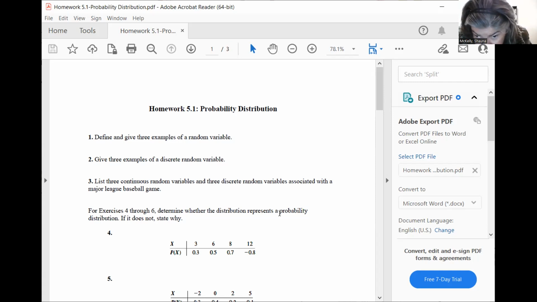I'll show you where it is. And then examples. She wants 3 examples of a discrete random variable. I gave you 3 earlier. And she also wants 3 examples of continuous random variables, but here specifically associated with a Major League Baseball game.